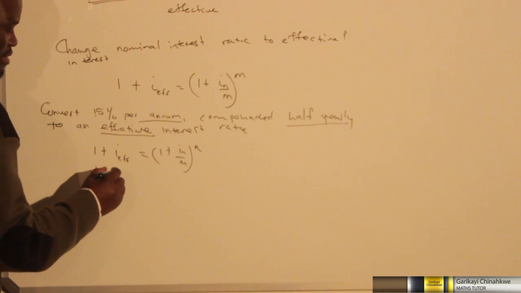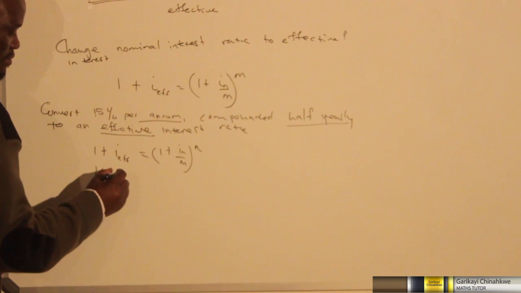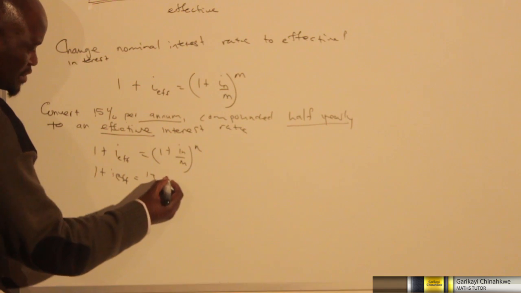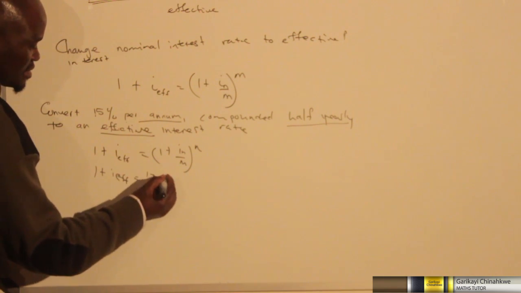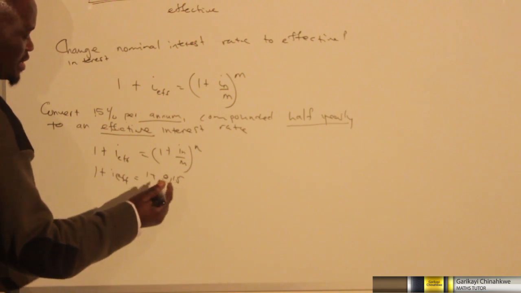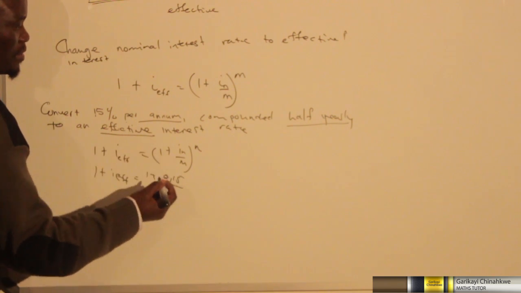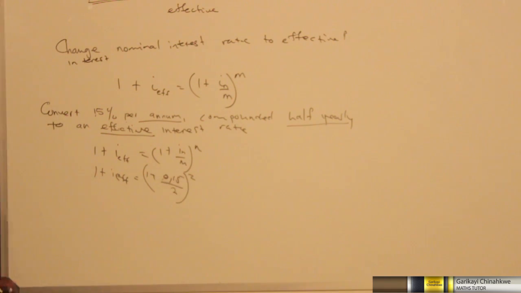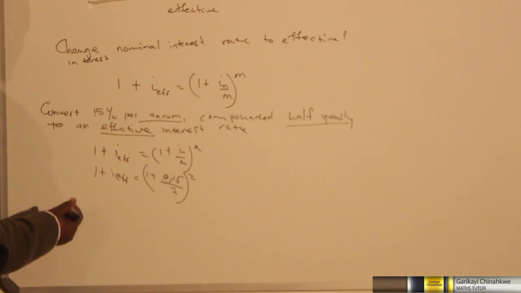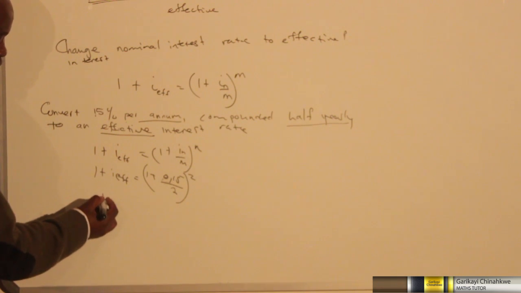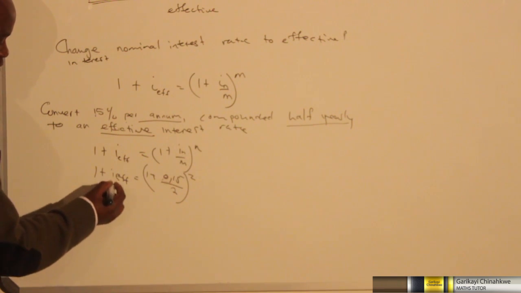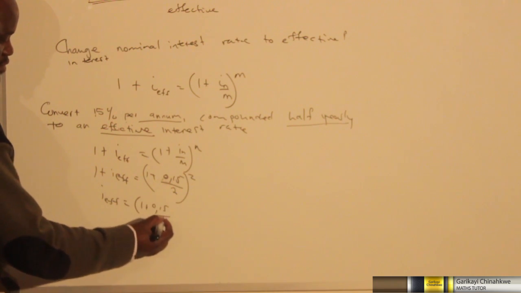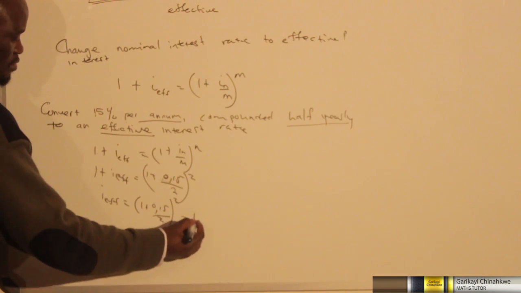So it's 1 plus i effective, which is equal to 1 plus 0.15, because 15 over 100 is 0.15. It's compounded half yearly, divided by 2, so to the power of 2. Then you make i effective the subject of the formula: i effective is equal to 1 plus 0.15 over 2, to the power of 2, minus 1.